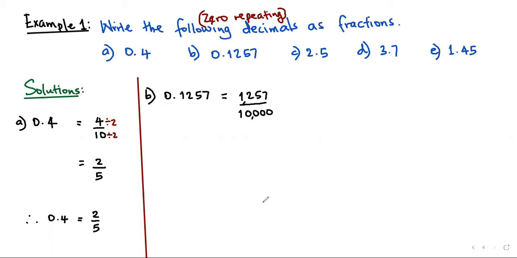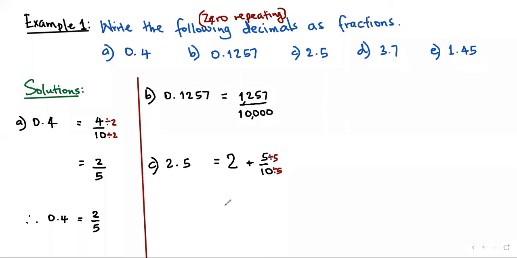In part C, we have 2.5. To write 2.5 as a fraction, we will write 2 plus 0.5, which is 5 out of 10. And we know that 5 out of 10 can be written in the simplest form if we divide 5 by 5 and 10 by 5.